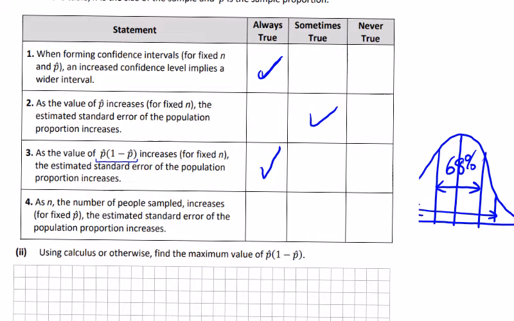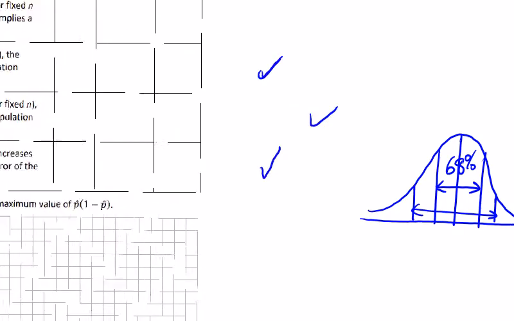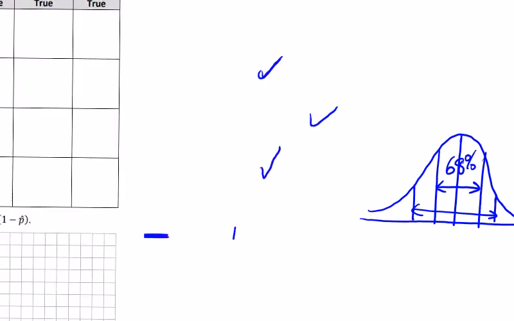And as n, the number of the sample, increases, the estimated standard error of the proportion increases. Well, this is not true here. As the sample increases, the standard error here is going to get smaller and smaller. You could do a quick sum here. We could just do the square root part. The square root of 0.5 by 0.5, the max value on top there that we saw earlier, 0.25.